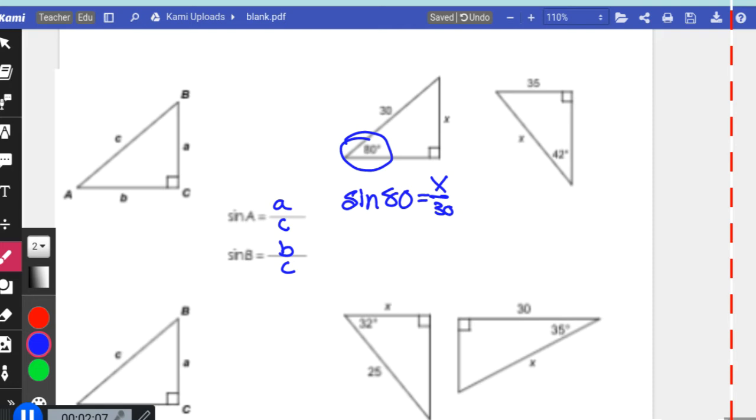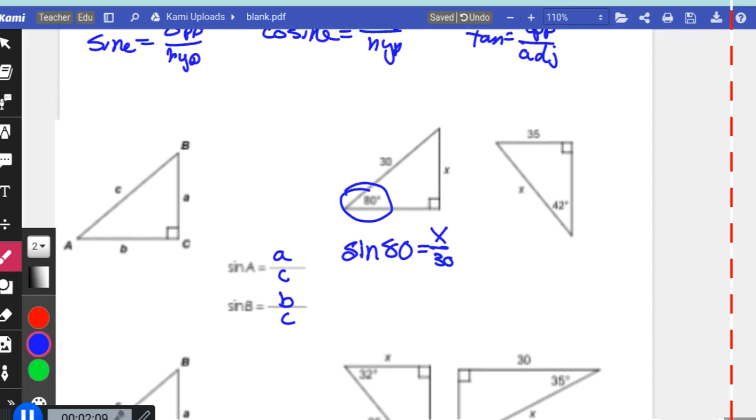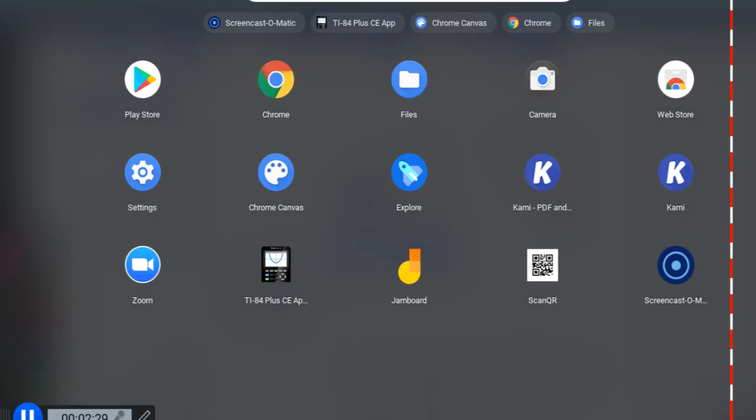That's going to be your setup for all of those sines: sine of the angle equals O over H. So sine of 80 equals x over 30. Now, sine of 80 is one number, a decimal.